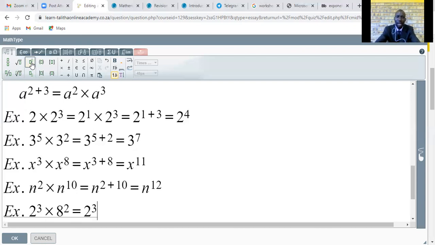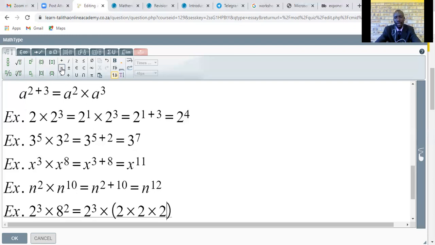Instead, when we are multiplying, instead of writing 8, we write something else. And what is this going to be this time? Well, 8 this time is going to be written as 2 times 2 times 2. How did we get to that?